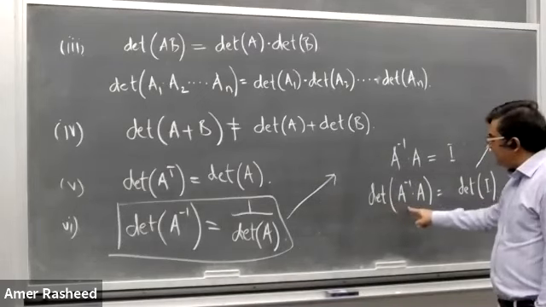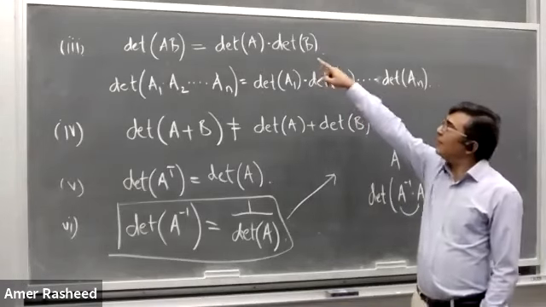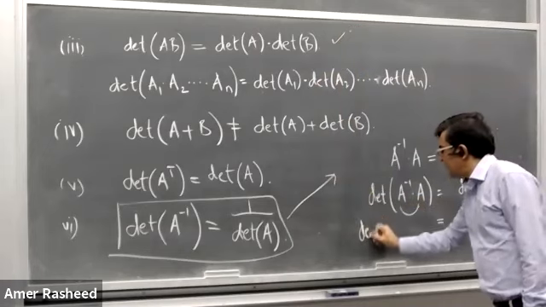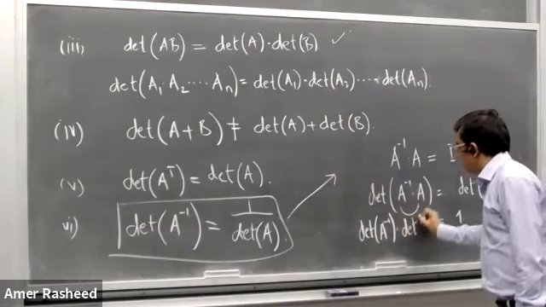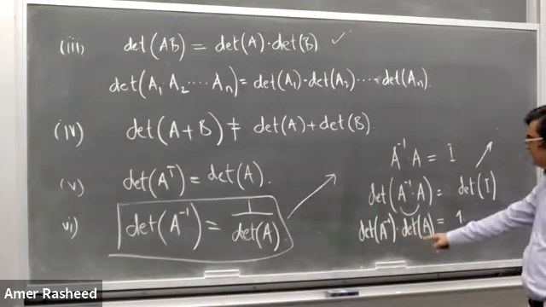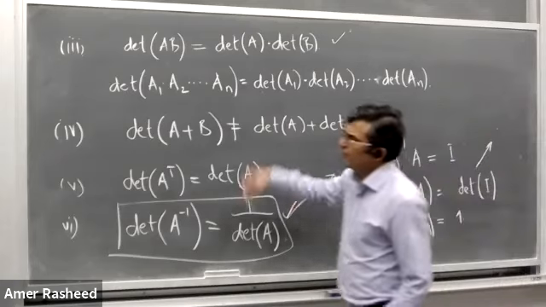Now, this is basically the product of two matrices. We can apply that property and separate this determinant: the determinant of A inverse times the determinant of A. Now you can see that the determinant of A inverse is equal to 1 over the determinant of A. So we can easily prove these properties.